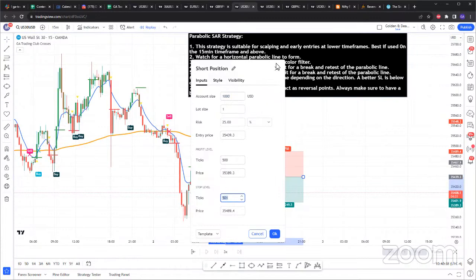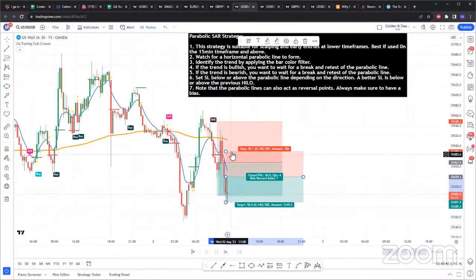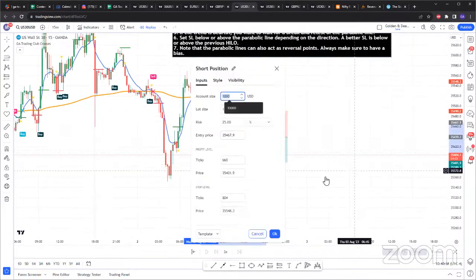Okay. So here, for this 15-minute one, and I'll use that one as an example, I saw the entry was going to be on the close of this candle. So my entry was going to be 35,439. I want my stop loss to be above the parable. So 35,439 to 35,490. So I'll call that 440 to 490. That's a 50 pip stop, right? So I just come in here.